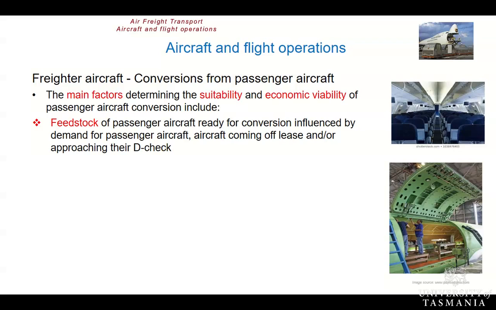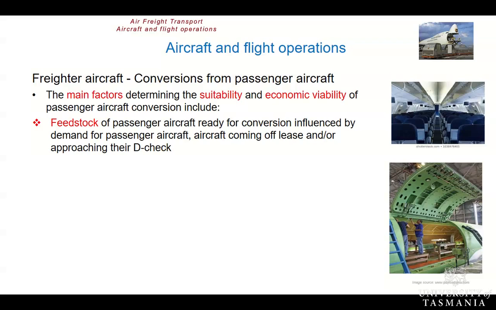Other considerations in regards to timing with passenger aircraft could be if an aircraft's coming off lease, it may present a good opportunity to put that aircraft up for conversion, particularly if it's 15 or 20 years of age. Also, a D maintenance check is quite a significant check.